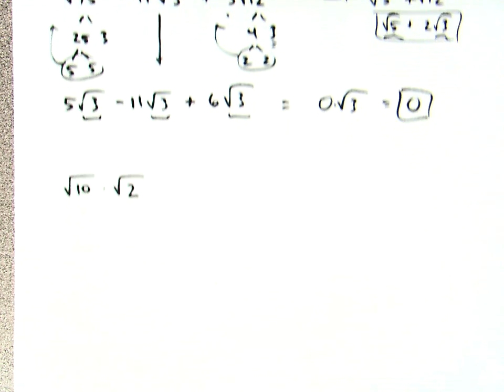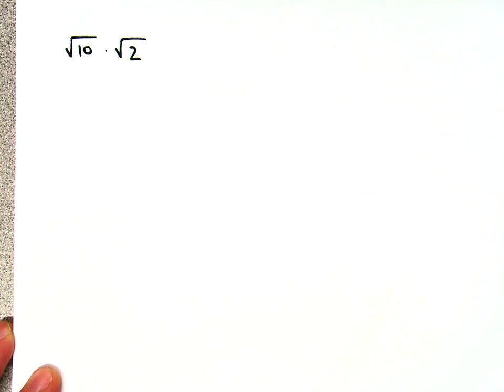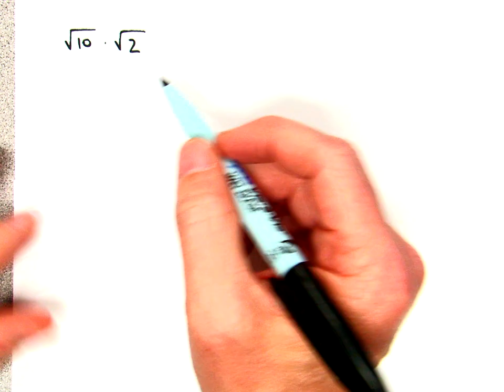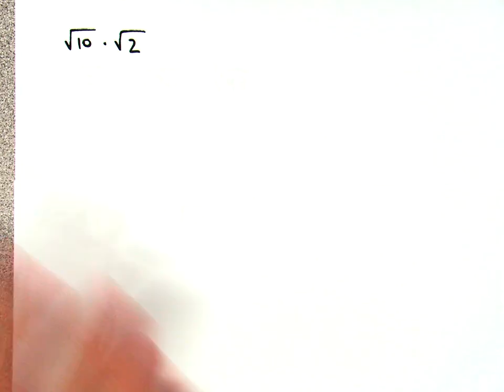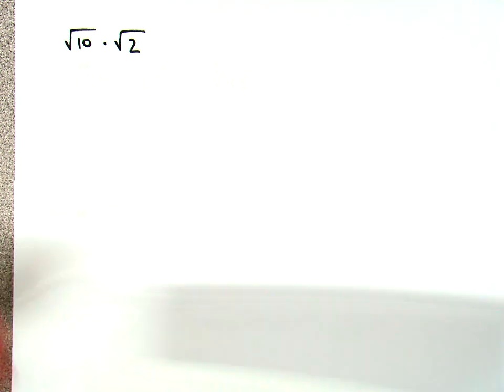So let's try multiplying, right? Multiplying is a little easier to deal with because since the exponents are the same, we can think about back where we had our exponent properties, right? Because if the exponents are the same, then we can multiply them together.